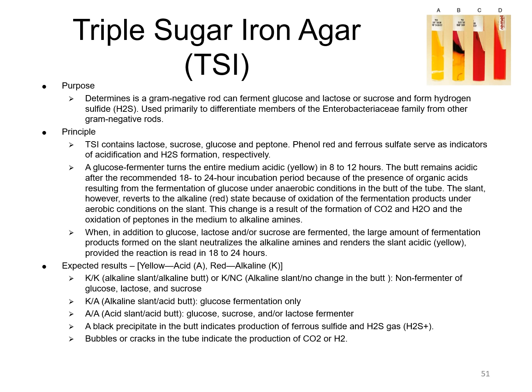Whereas within the butt, there's no oxidation, so it would not revert back, so that butt would remain yellow. If lactose and sucrose are fermented, then there would be an overproduction of the acid, so the slant as well as the butt would all turn yellow.